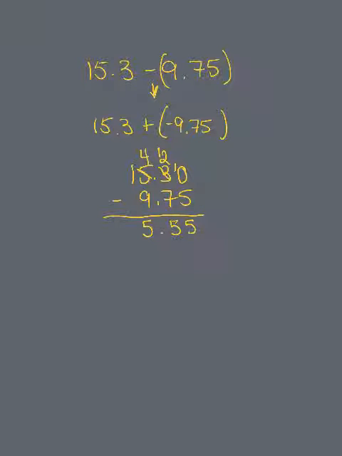Now, the question is, is it a negative 5.55 or a positive 5.55? Same signs, add and keep. Different signs, subtract. So we subtracted. Keep the sign of the larger number, then you'll be exact. So 15.3 is larger than 9.75. Therefore, the sign of the larger number is positive. So our answer is 5.55. That's what you should have gotten.